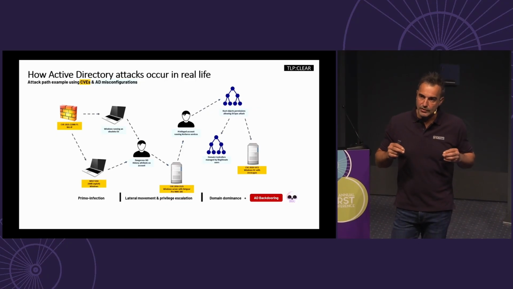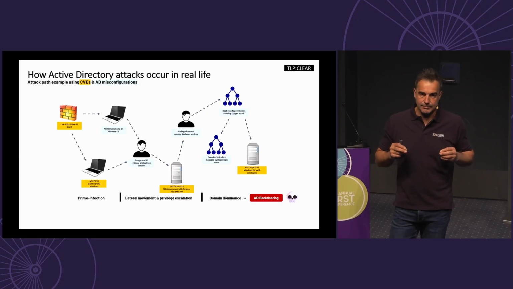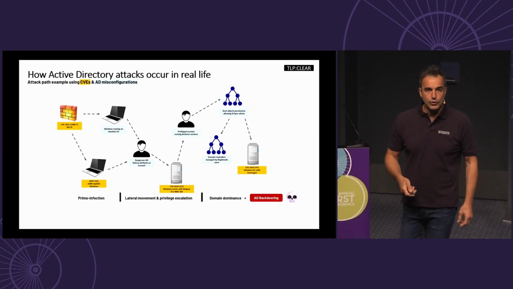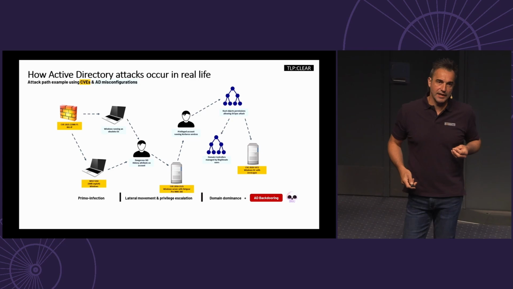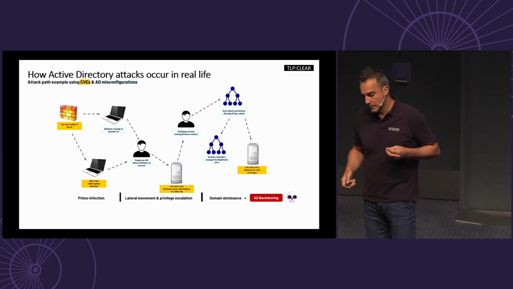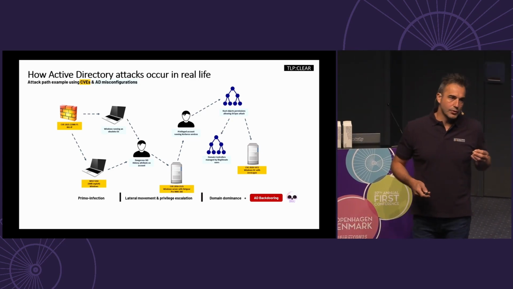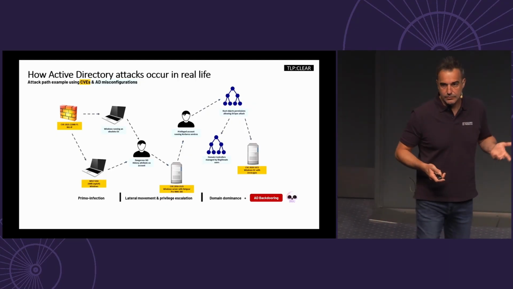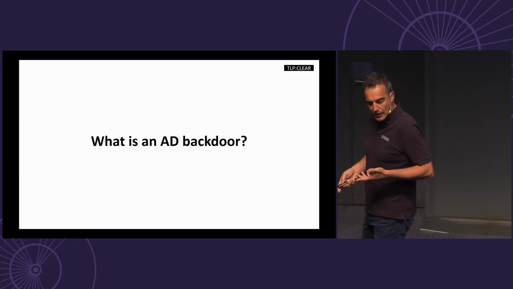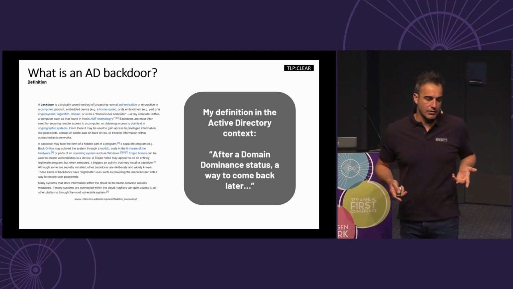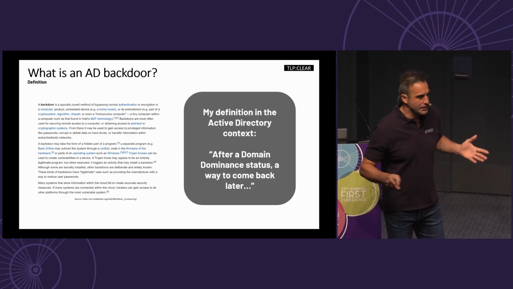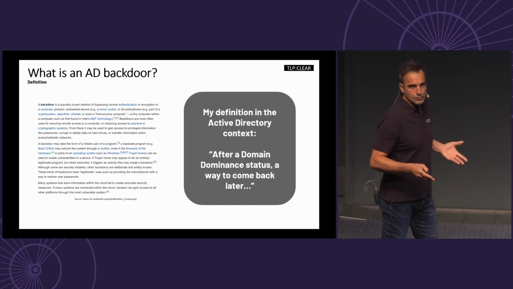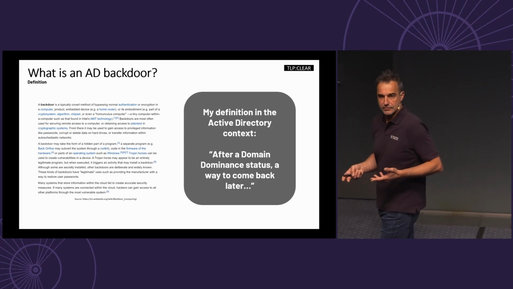But the common point on all these different attack paths is that at the end, you will reach the domain dominant status. And usually, the attacker wants to create a backdoor. Why do you want to do that? Easy, to come back later. So what is an AD backdoor? A very simple definition for me today: a way to come back later.